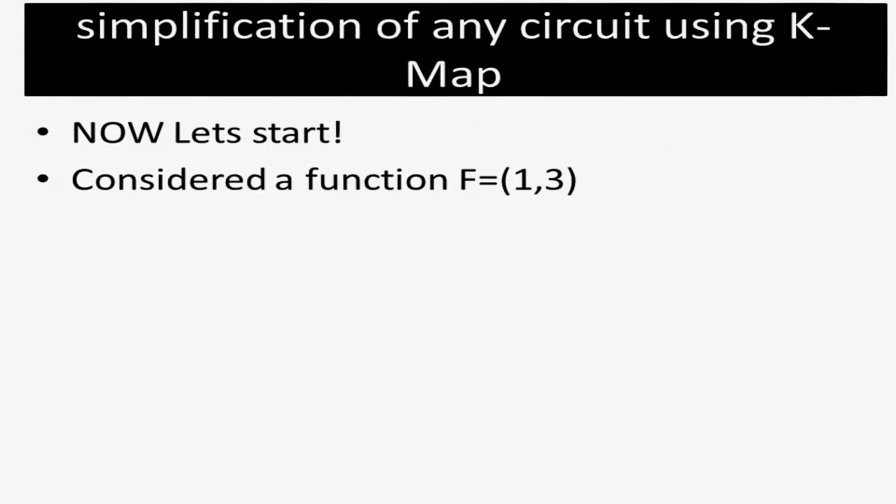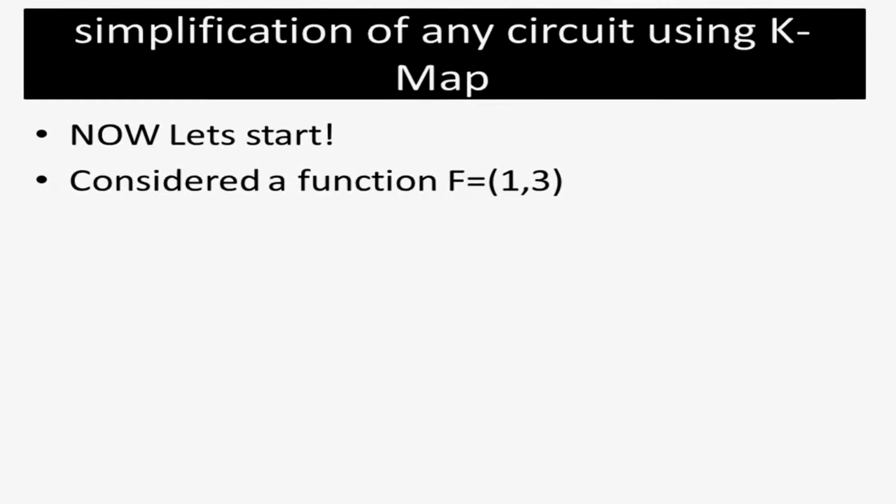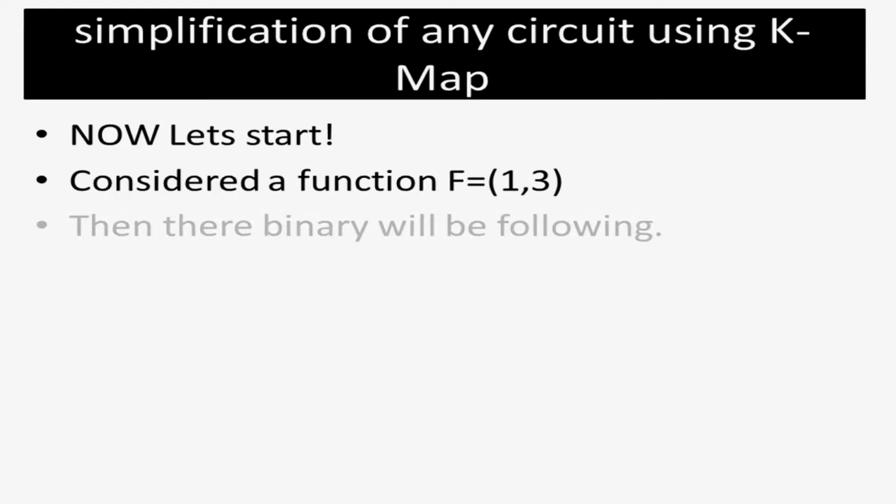So let's now start with digital K-map simplification. Consider a scenario where you have a function of the numbers 1 and 3, and let's break it down into binary form, in zeros and ones.